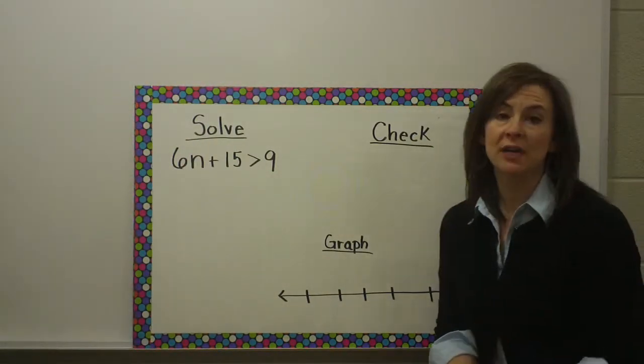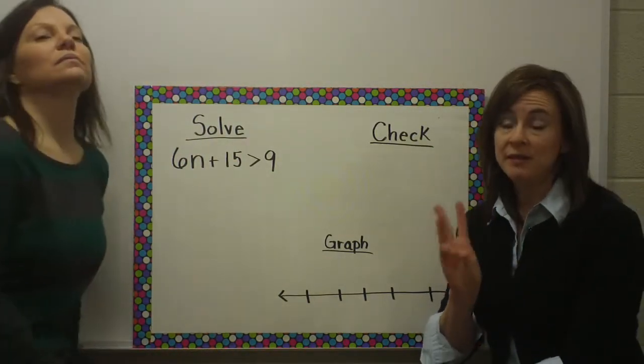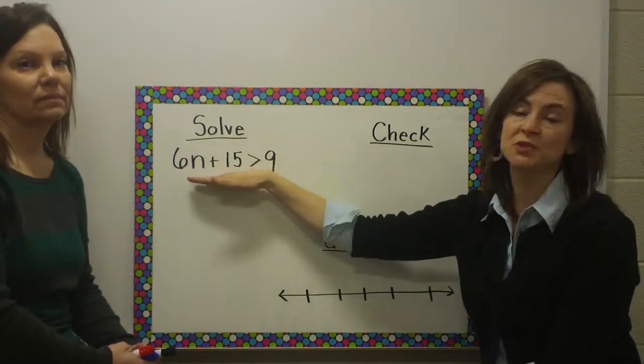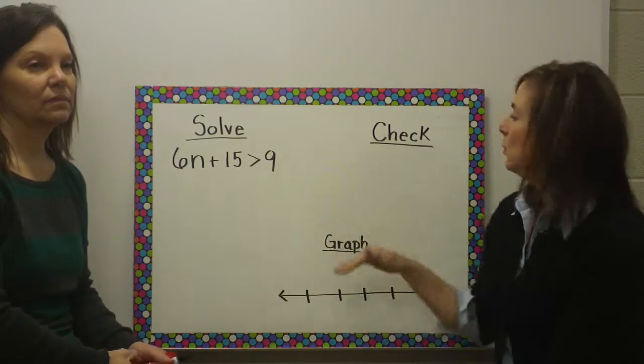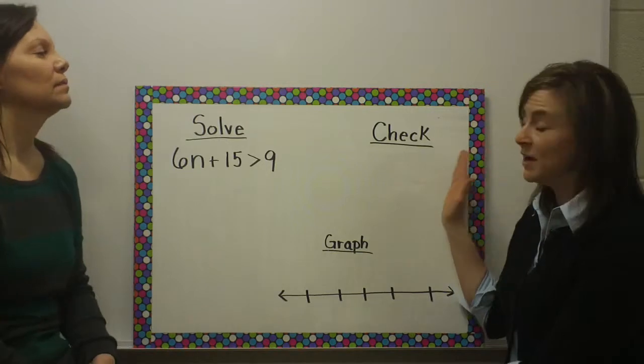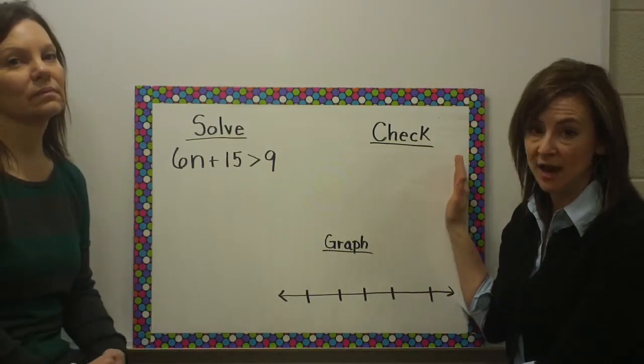Remember that when you are solving inequalities, there are 3 things we need to see on your paper. We need to see you solve with the solution set. We need to see you graph the solution set, and very important, we need to see the check.